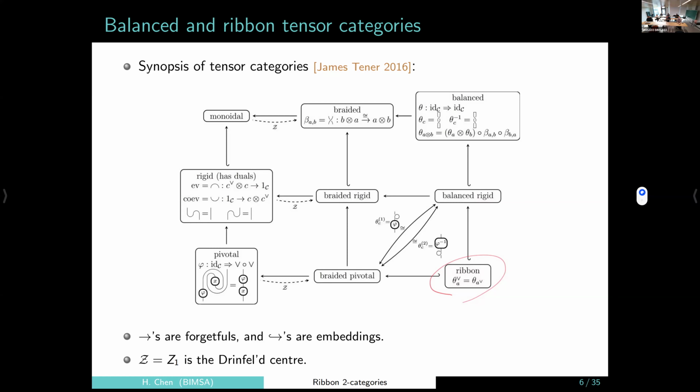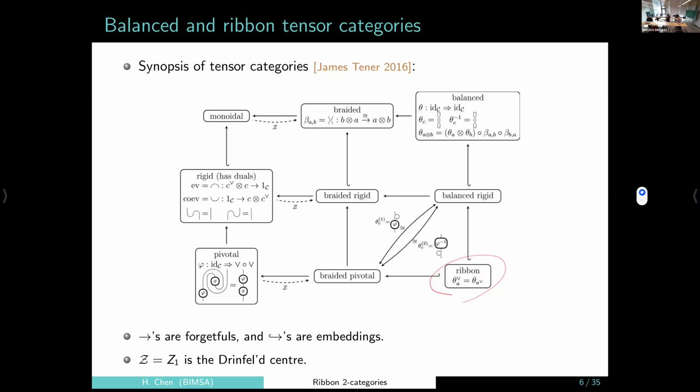So the strategy is to start essentially over here for the 2-category case. I'm going to start here, and I'm going to start adding stuff, and let's see what we get. That's essentially the idea.